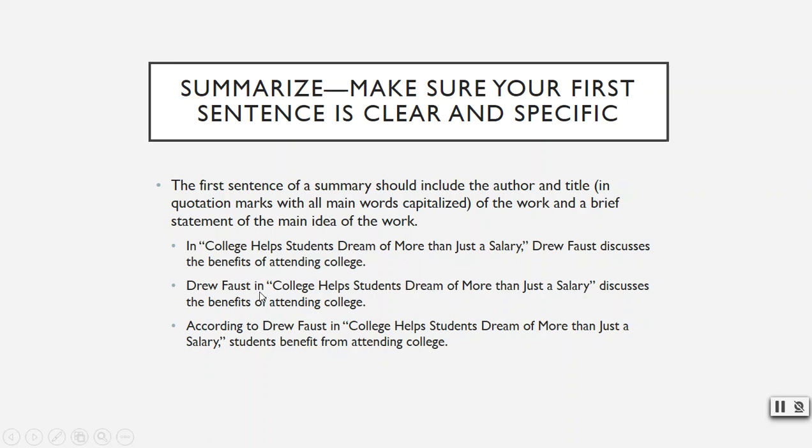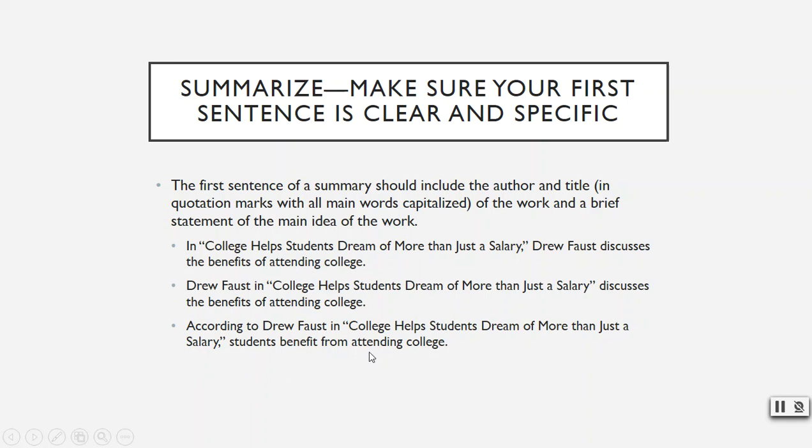Drew Faust in, so author in title, followed by the main idea. Or we could do it a different way still, according to author in title, and then the main idea.